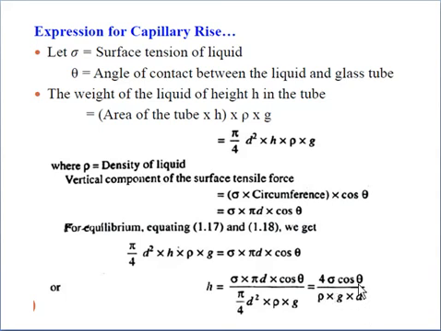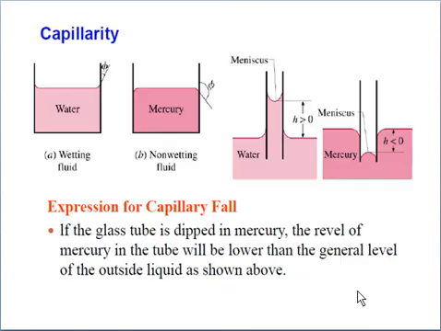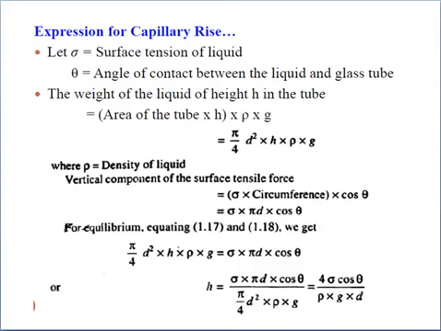Here you can see this theta, I will show you. Theta is this angle. It is denoted here by phi, but actually this angle is theta. In case of water and mercury, this angle is theta.